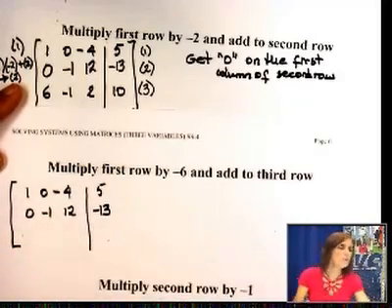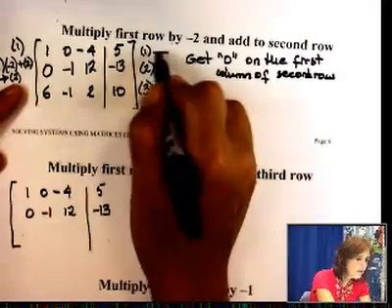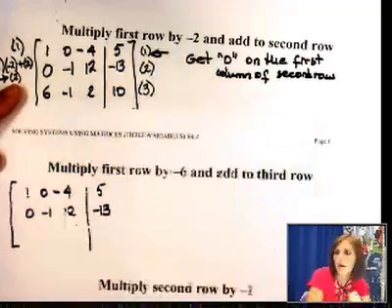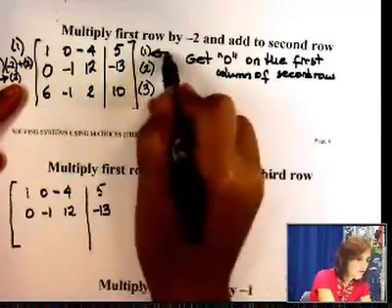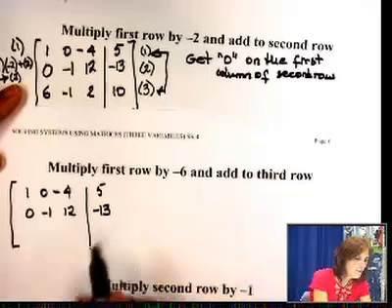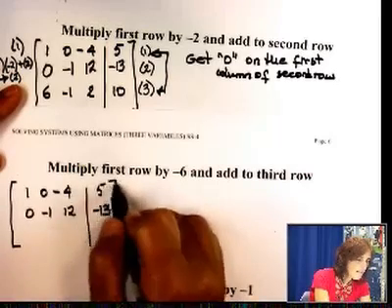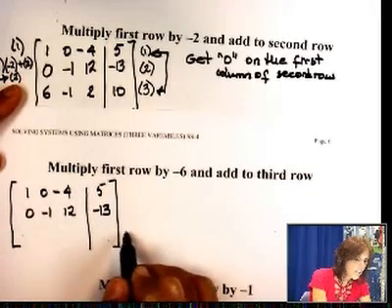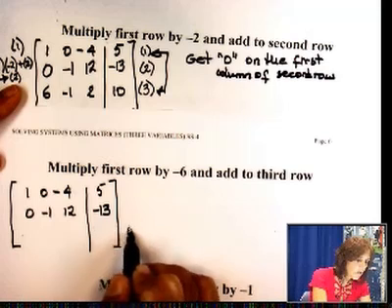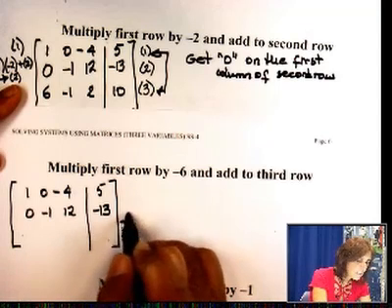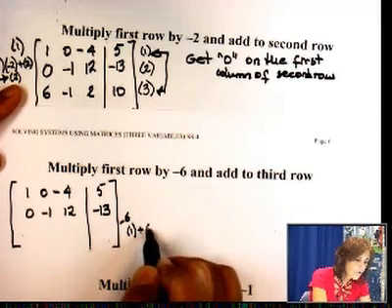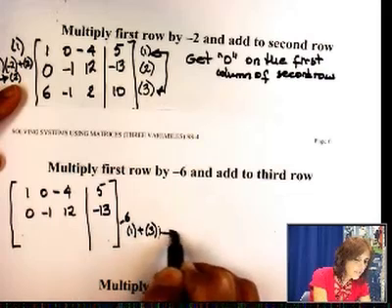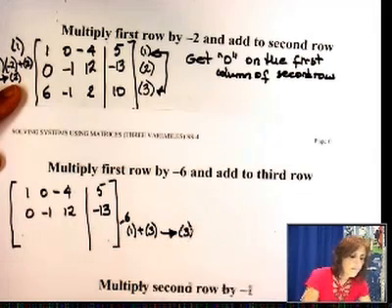Now what I'm going to do is I'm going to take this one, multiply by -6, and add it to here. So I'm going to take the first row, which is 1, multiply with -6, and add it to the third row, and put that into the new third row.